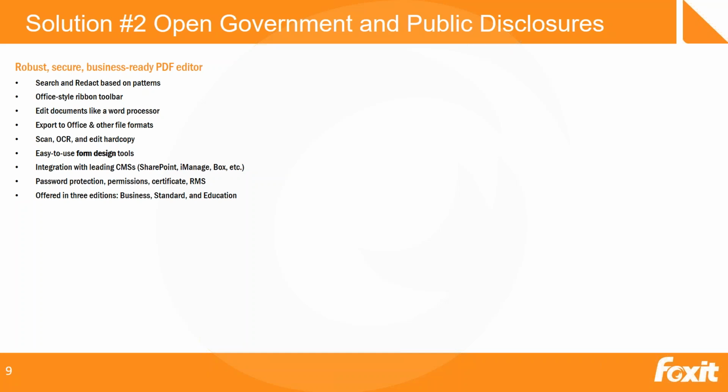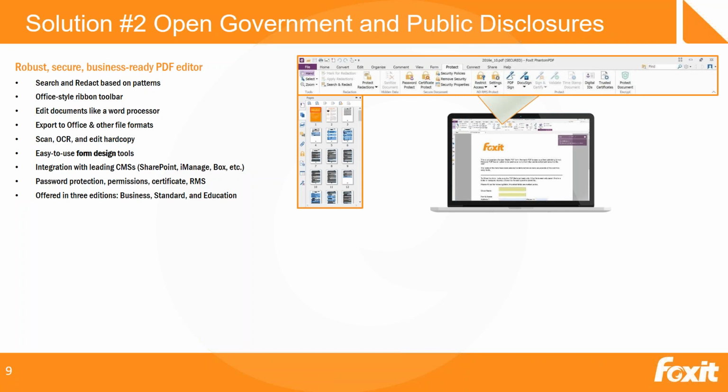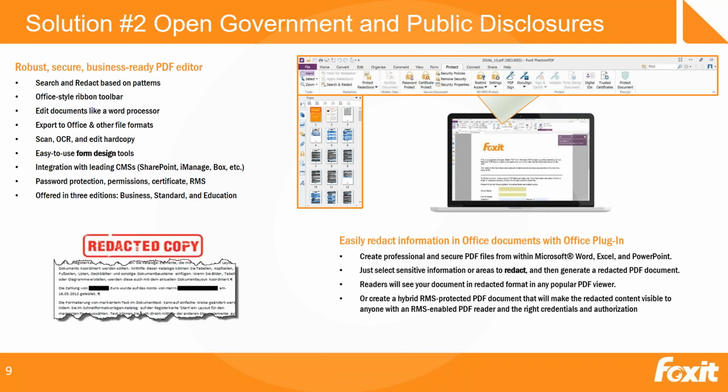So the next solution area is open government and public disclosures. So what's important here? In many cases, we find that, especially for Freedom of Information Act requests and other public disclosures, even for e-discovery, right? We have many legal customers for whom it's very important that they redact sensitive information, right?